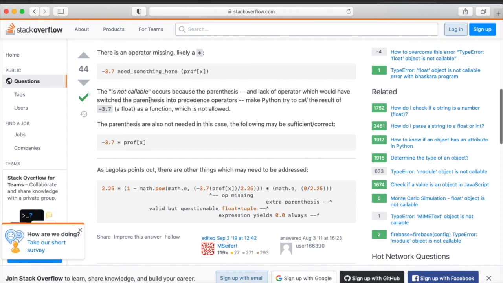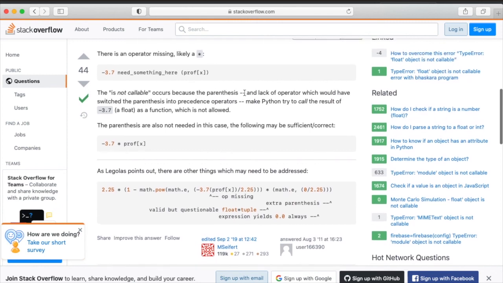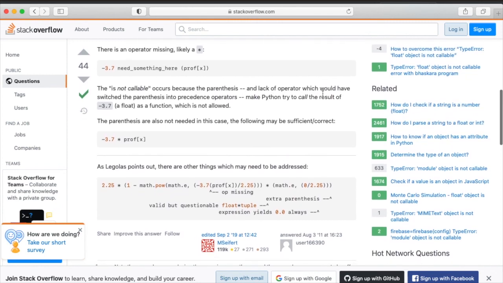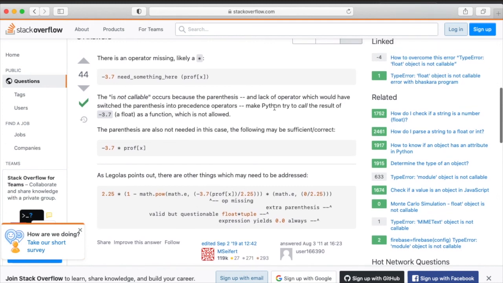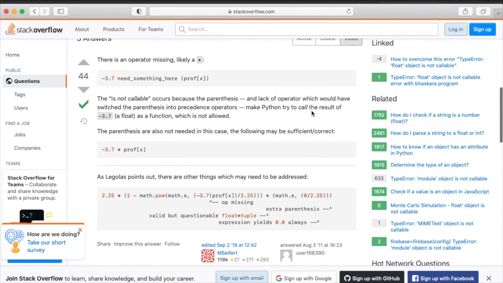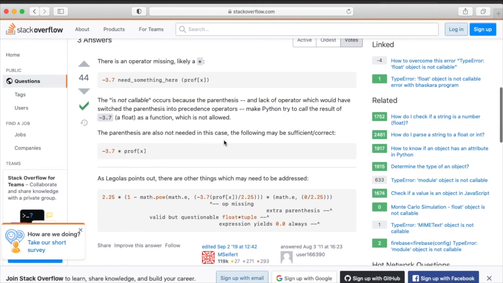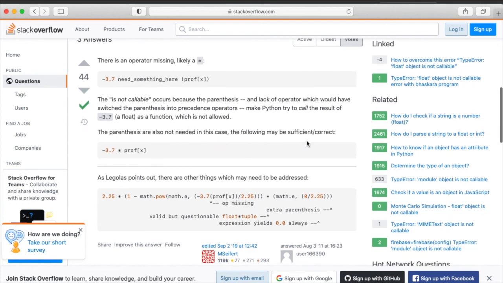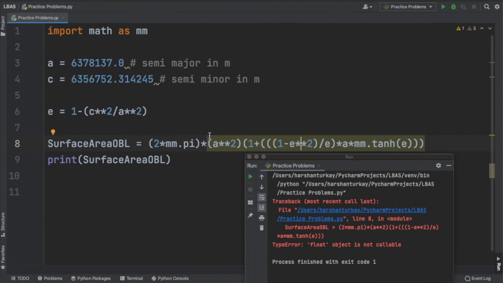It occurs because of the parentheses and lack of an operator, which makes Python try to call the result as a function, which is not allowed. I think I get what they're trying to say.